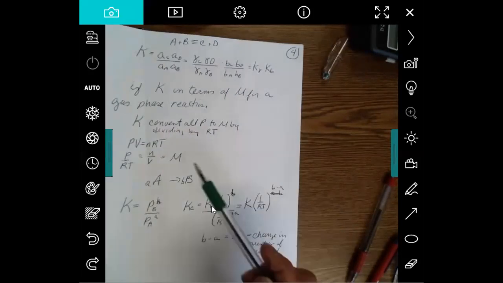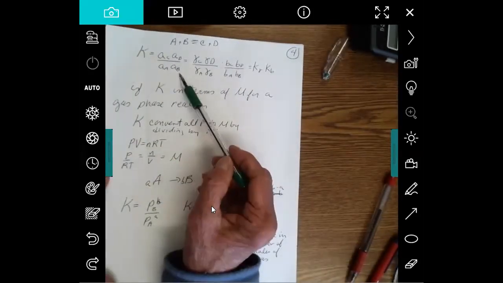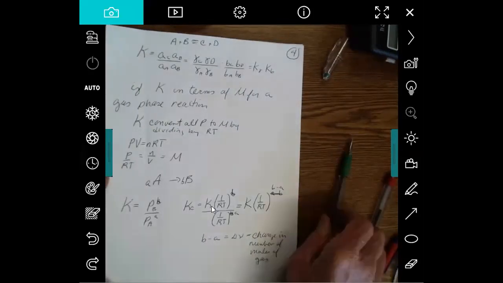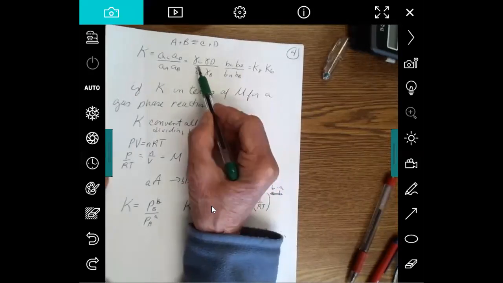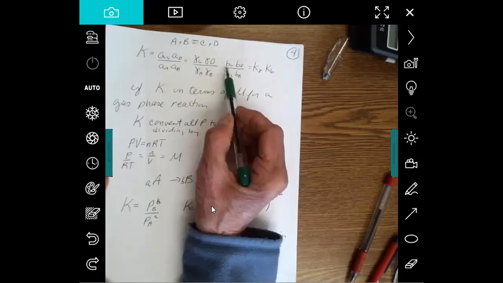Okay, so the equilibrium constant written in activities, which would mean you're assuming that you might not have ideal behavior. So you could write the activity as the activity coefficient times, if you're working in units of molality, times molality.